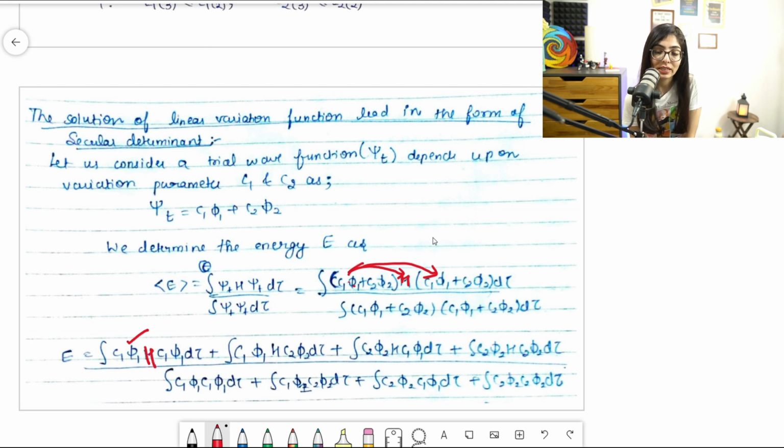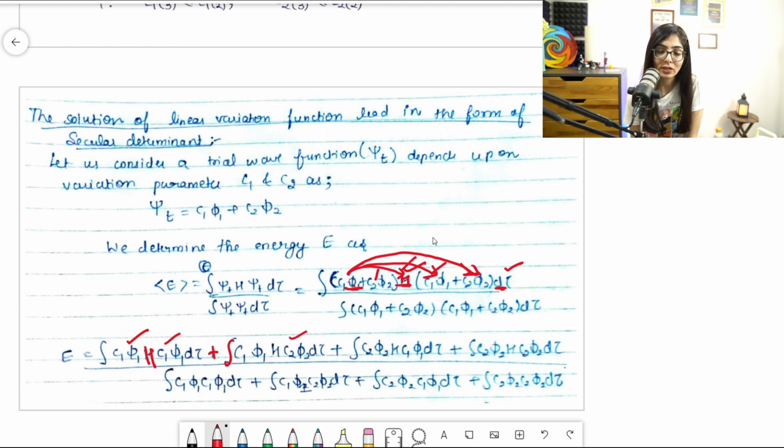So C1 psi1, then H, then C1 psi1, and d tau also. Plus, because plus is there. Now I'll multiply this with this, because H will also be there and d tau will also be there. So that would be C1 psi1 H, and now I'm taking the second term, that is C2 psi2 and d tau.